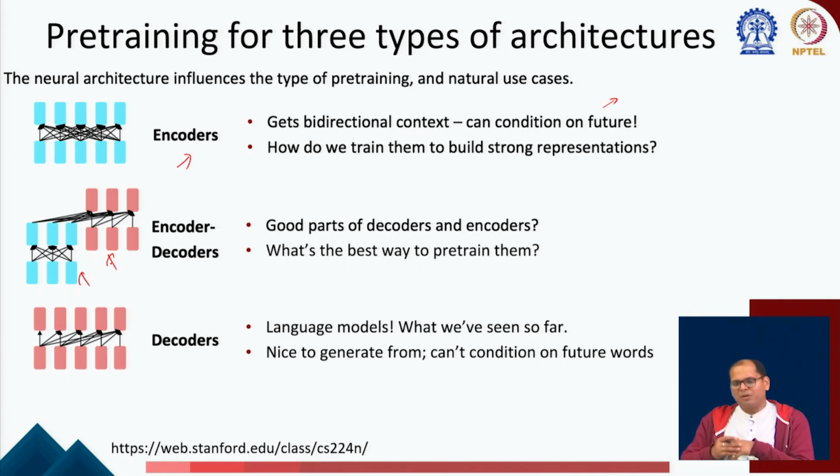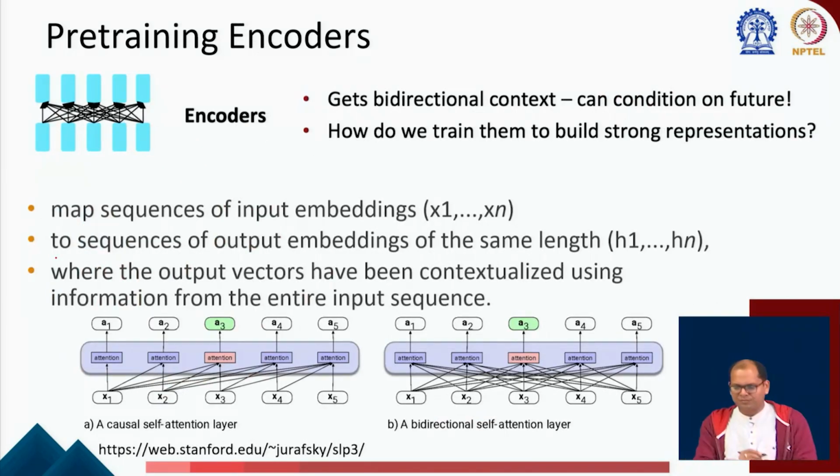You should be able to use everything available on the web, of course with some filtering. That's what you can do with decoders, just next word prediction. But how exactly will you use this data to pre-train an encoder-decoder? That's what we will see.